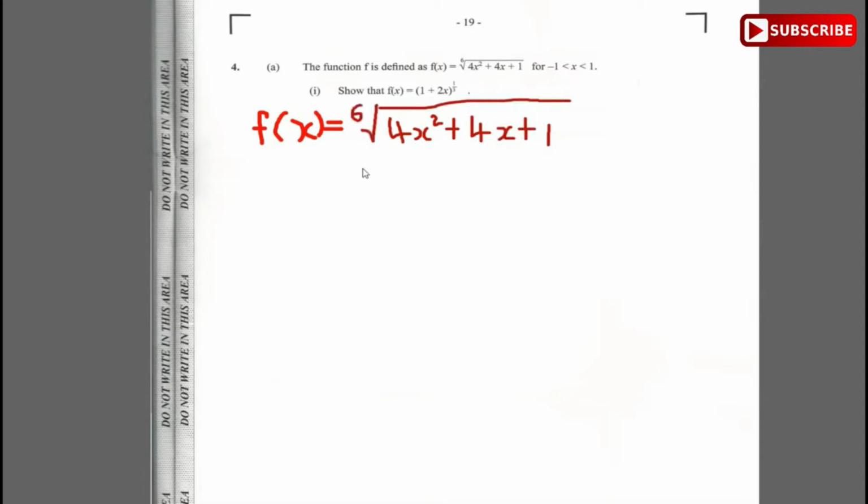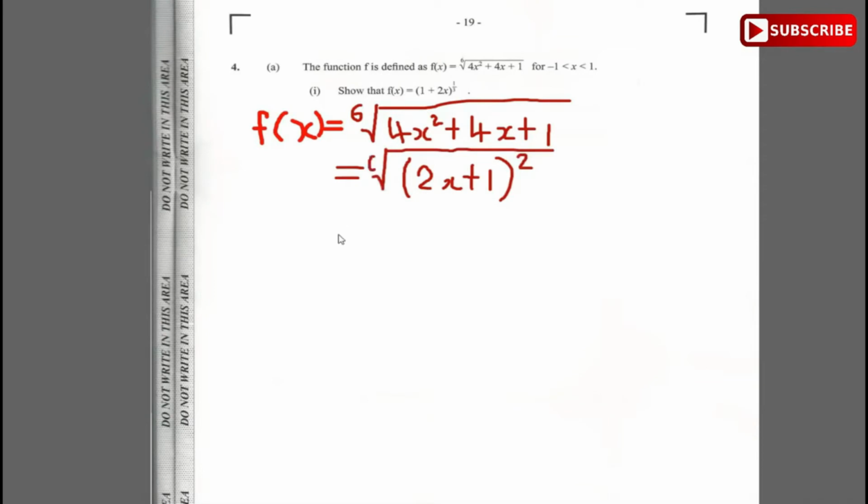And so what that works out to be is 4x squared plus 4x plus 1, which can be rewritten as (2x plus 1) all squared, to the 6th root.